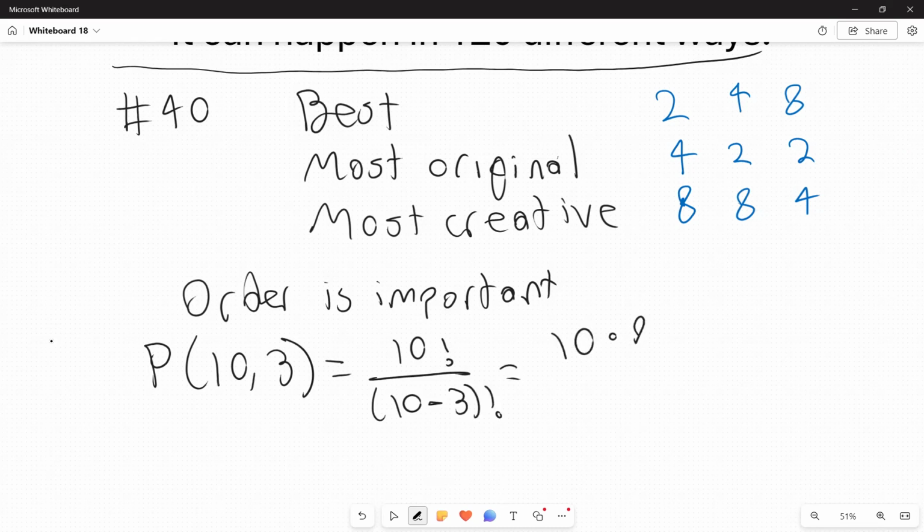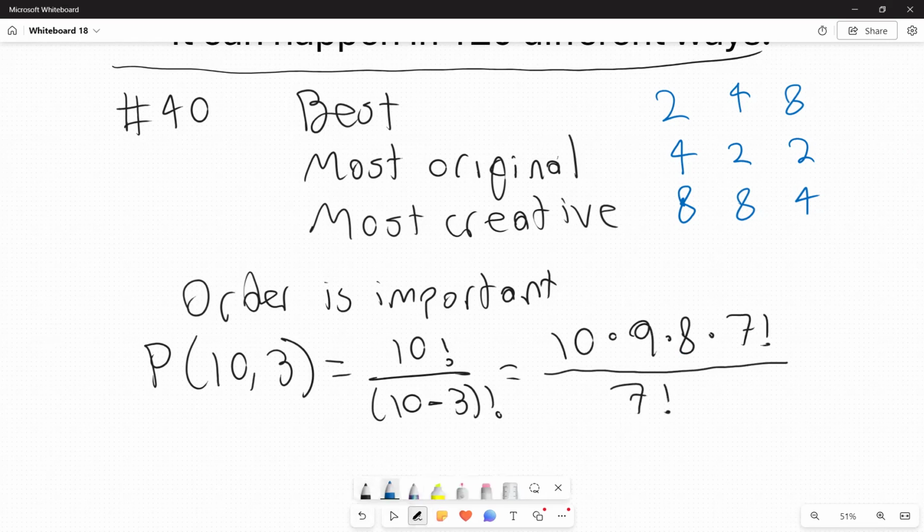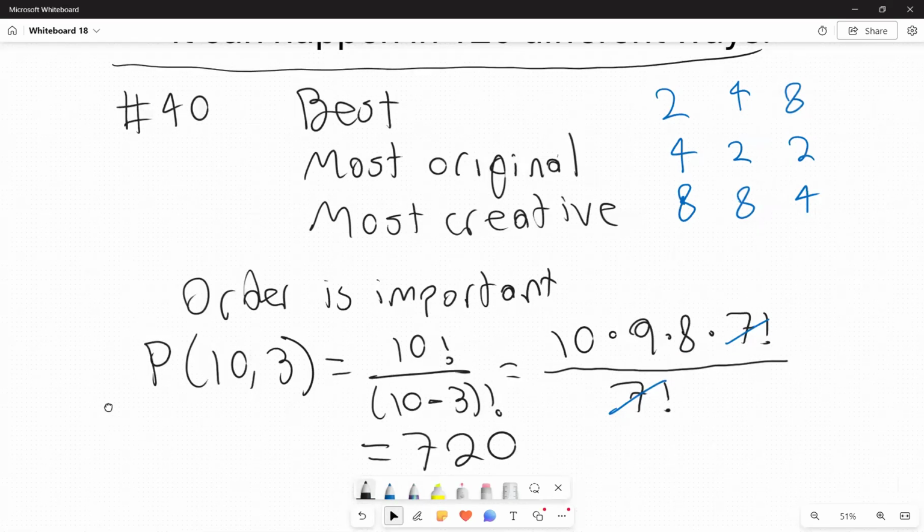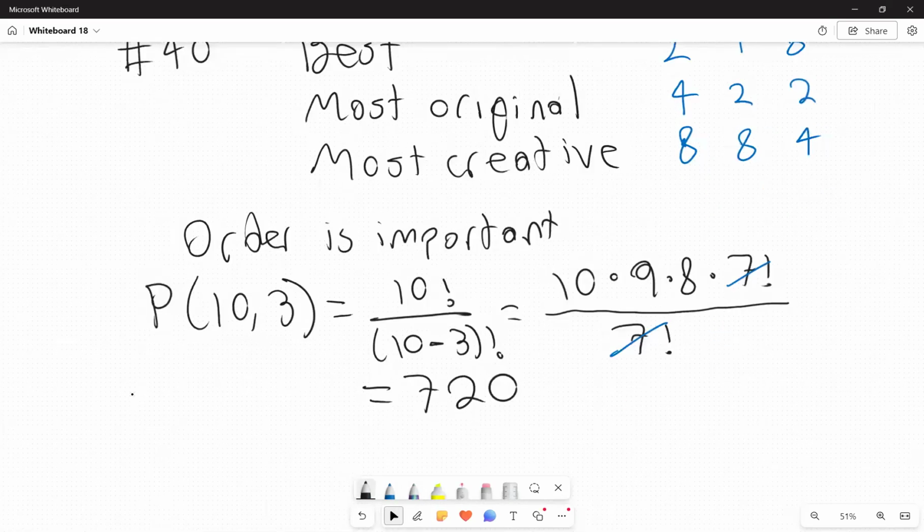So this is 10, 9, 8, 7 factorial over 7 factorial. And 10 times 9 times 8 is 720. So this can happen in 720 different ways. Thank you for listening.